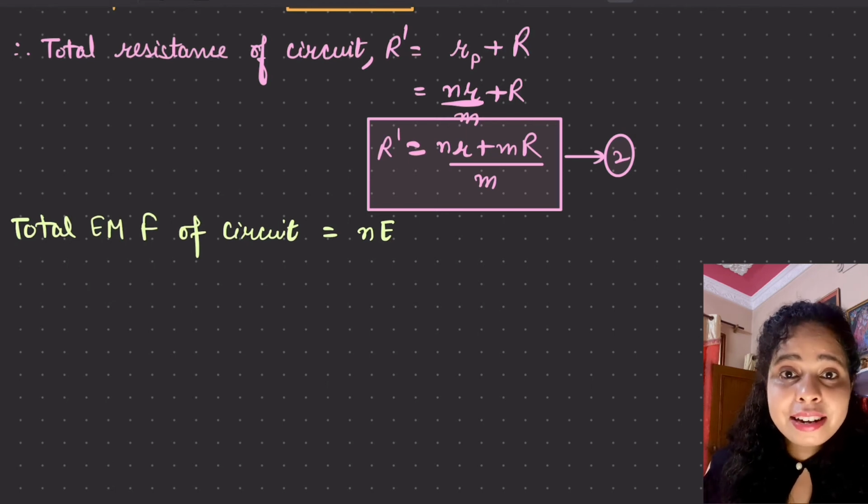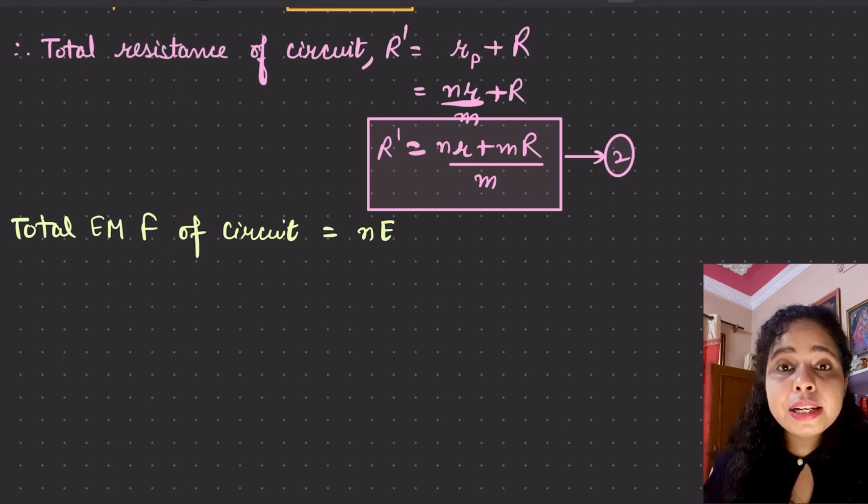Now these nE potential differences are connected in parallel. The nE potential difference offered by the first row is in parallel with the nE potential difference offered by the second row, and the nE potential difference offered by the third row. So these are all in parallel, and in parallel we cannot add the EMFs, it is going to be the same.